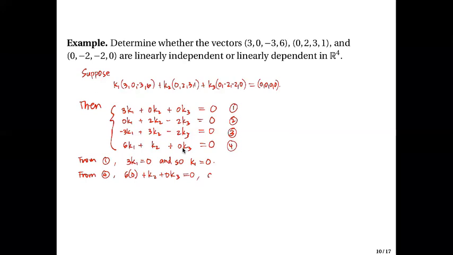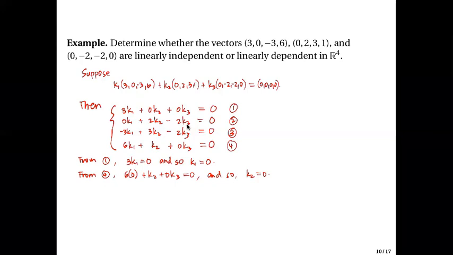And so K2 equals 0, because 6 times 0 is 0, and the K3 term is 0 also. So you now have K1 equals 0 and K2 equals 0.